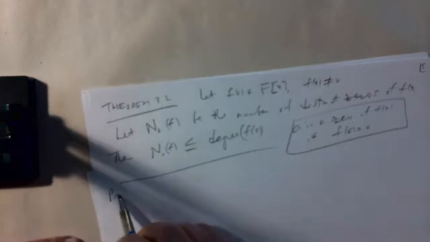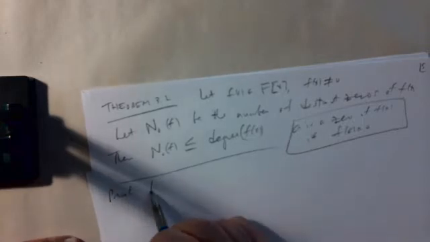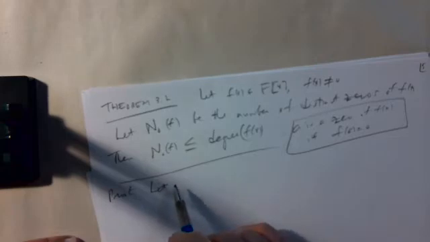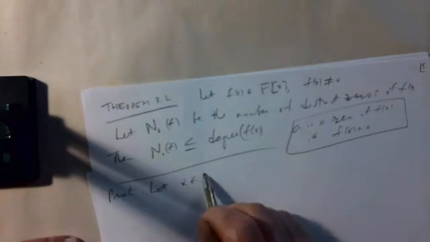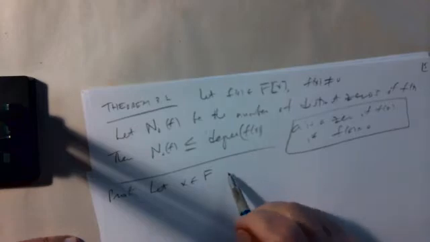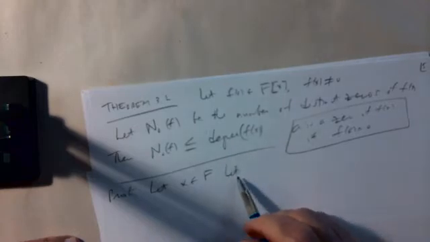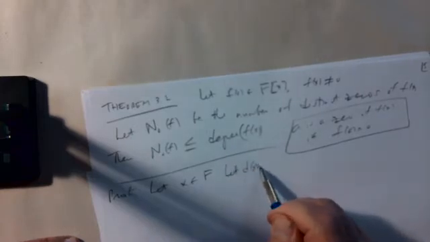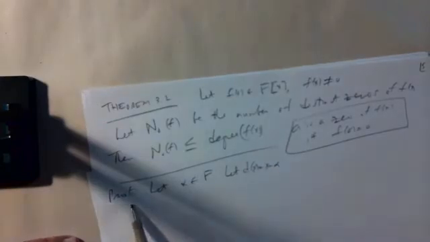So the proof uses the division algorithm. If we let alpha be any element of the field and let d of x equal x minus alpha.